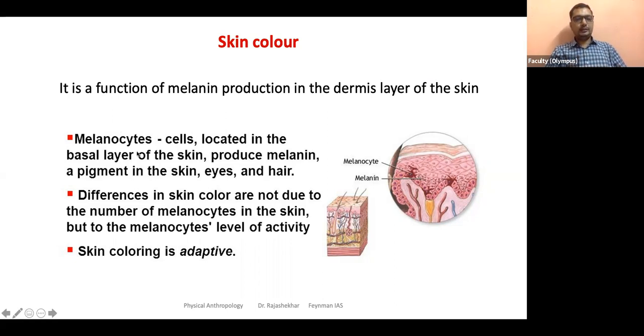So melanocytes, the cells found in the basal layer of the skin, are responsible for production of melanin. This is a dark pigment that we see underneath our skin. Not only skin, you may find this in eyes, you may find this in hair. The coloration, the appearance of them, depends on this dark color pigment called melanin.